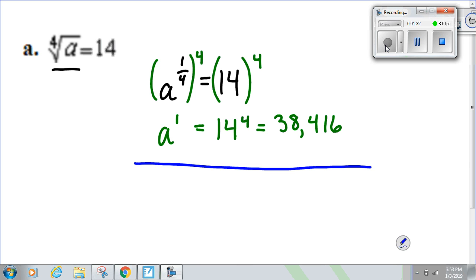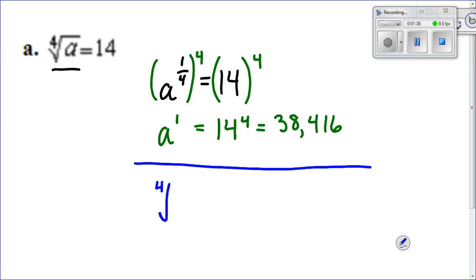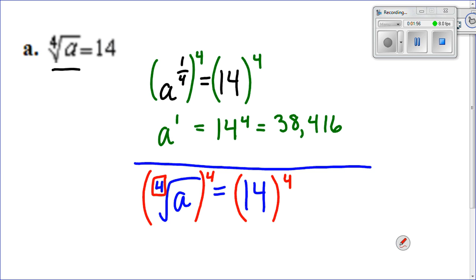So we have 14 again, so taking the fourth power. So we have the fourth root of a equals 14. Well, undoing the fourth root would be the same as raising to the fourth power. So again, if we raise the other side to the fourth power, we're going to get that same answer that we just got above. So there's a couple different ways to think about this problem.